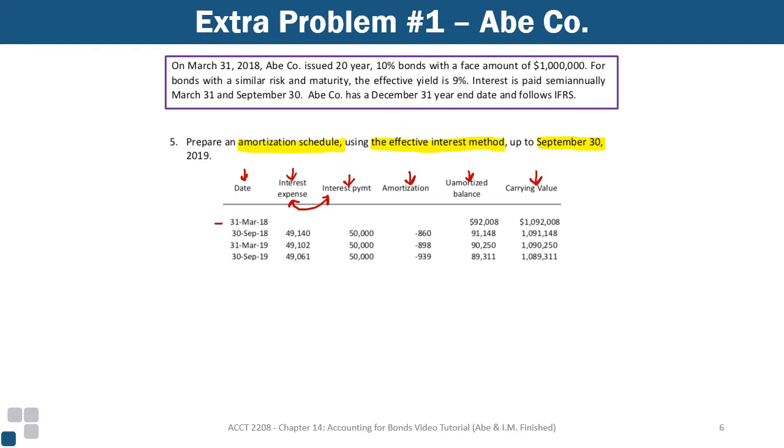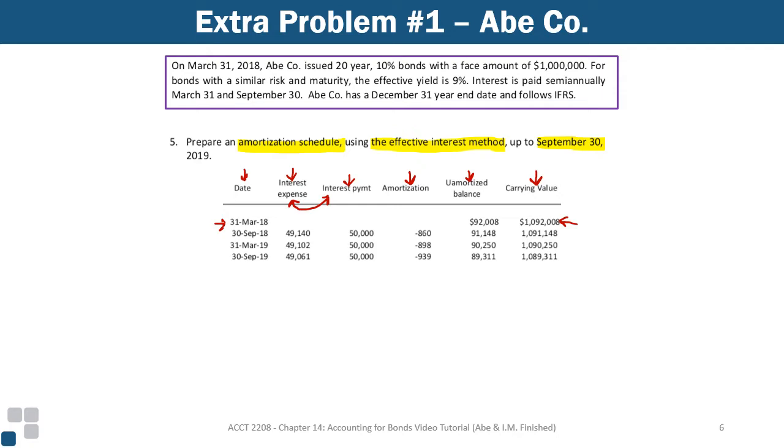So the first date is the date the bonds are issued, March 31st, 2018. You would enter the carrying value in the last column as the PV, and the unamortized balance is simply the amount of the premium.